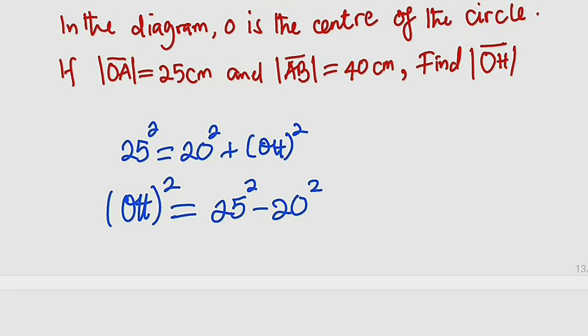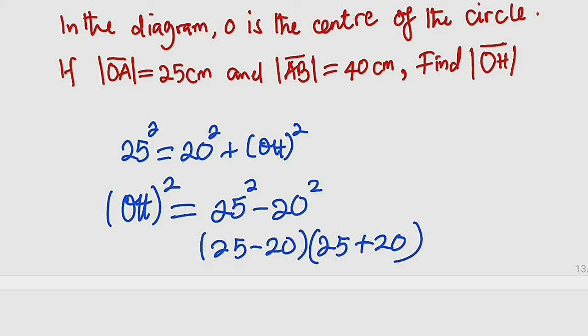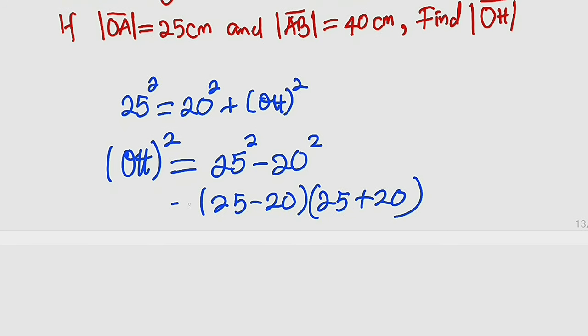If you don't have a calculator, you can use difference of two squares, because this can be factorized as 25 minus 20, then multiply by 25 plus 20. This is the same thing as 25 squared minus 20 squared. And 25 minus 20 will give us 5, multiplied by 25 plus 20 will give us 45.